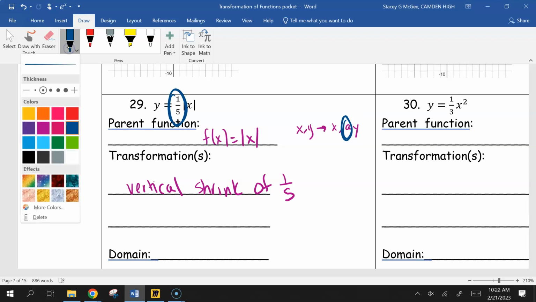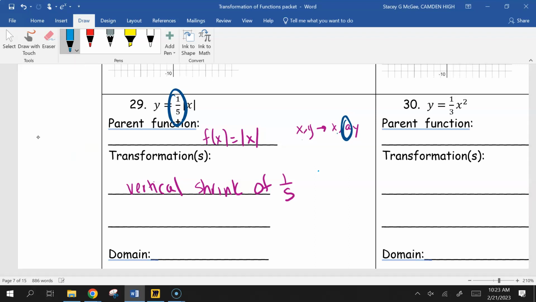So it says take every X, keep it the same. Remember what points I'm working with to start with on the parent: 0, 0, 1, 1, and negative 1, 1. Keep X the same, but multiply every Y by A. Now multiply the Y by A. What do you get?